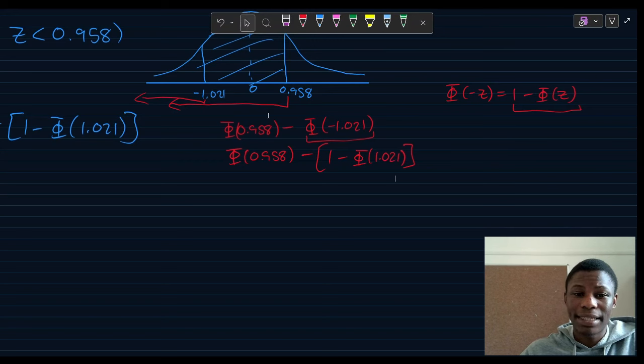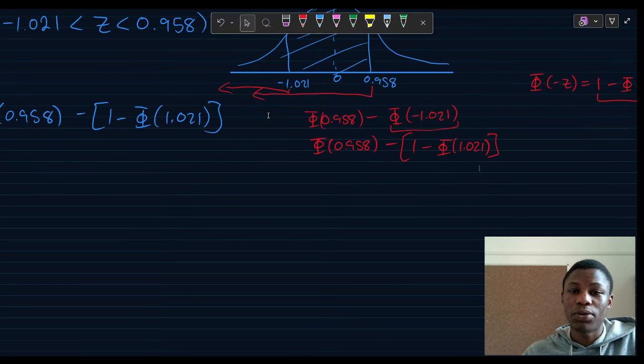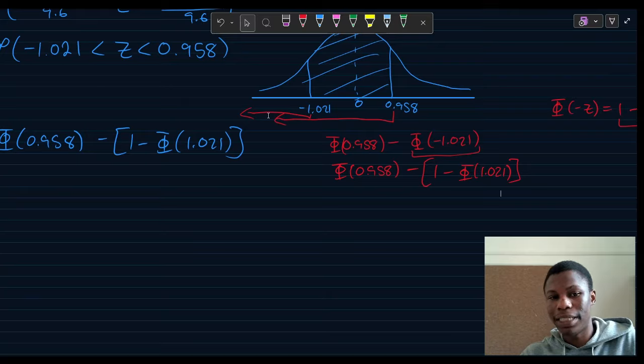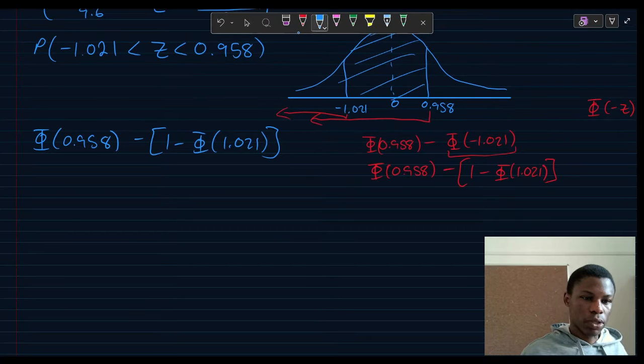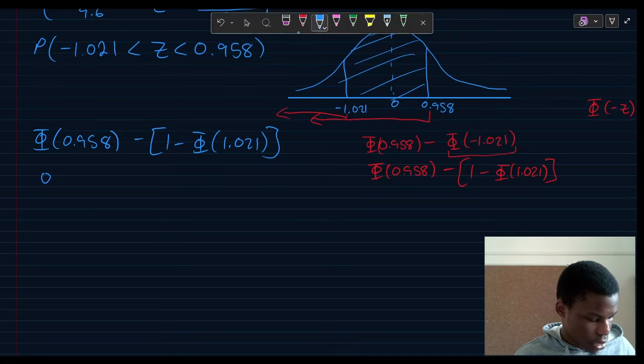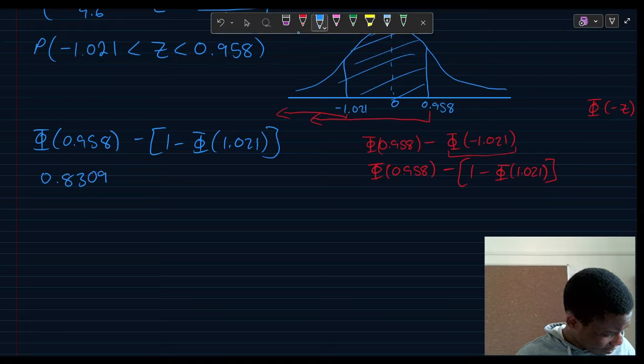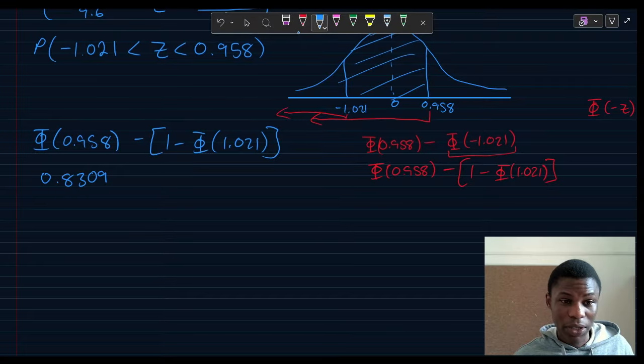If you ever get stuck in the exam and you're trying to figure out what to do, this is how you'd approach it. But hopefully you should be comfortable with just recalling the formulas, because that's much faster and will save you quite a bit of time. So go to your tables, read out phi of 0.958, you get 0.8309. I can't read my own handwriting.